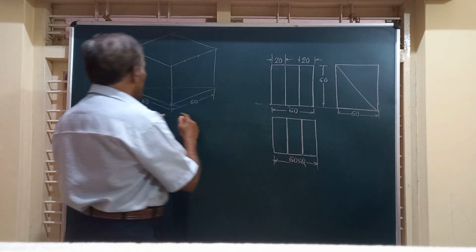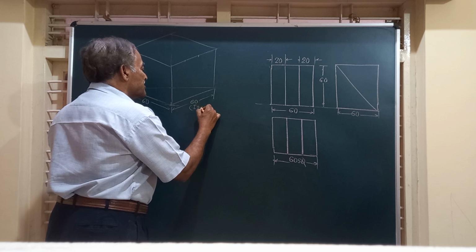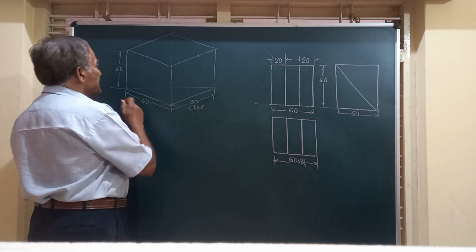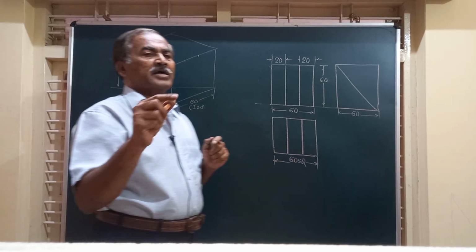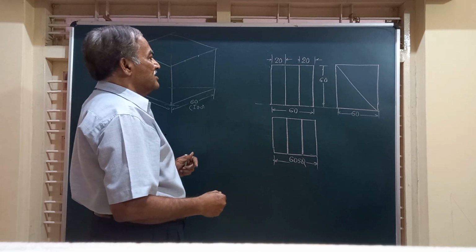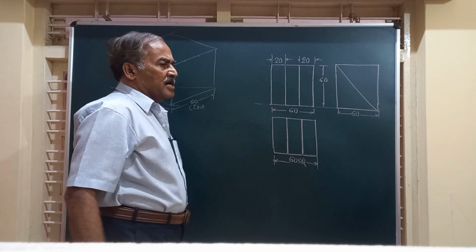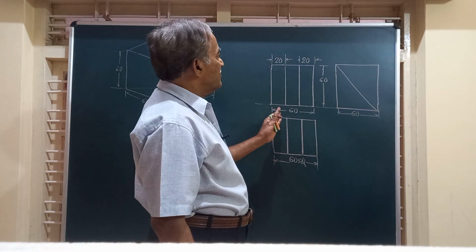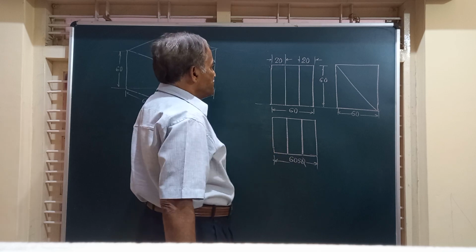So here whatever I have written, these are all isometric dimensions, whether it is a length or a width or a height. ISO means it is 60 into 0.815, it will be around 50 millimeter. Friends, now let us see how to obtain the isometric projection of this component or the cubical block.